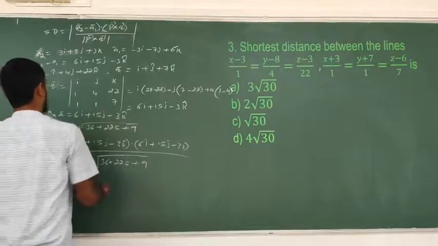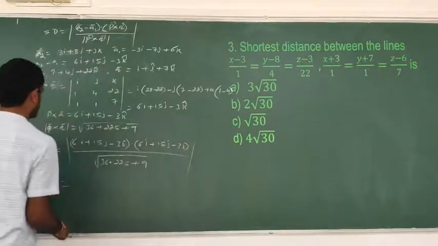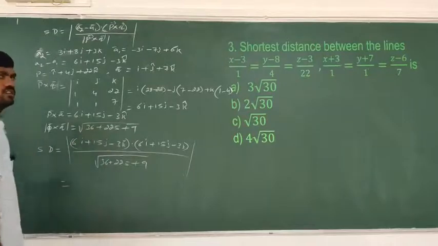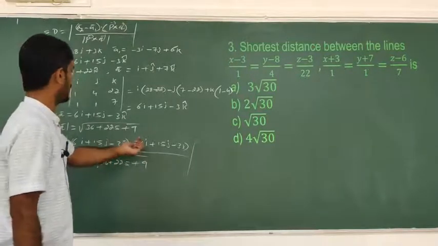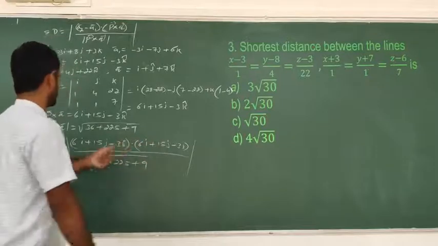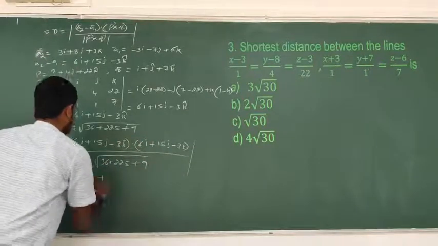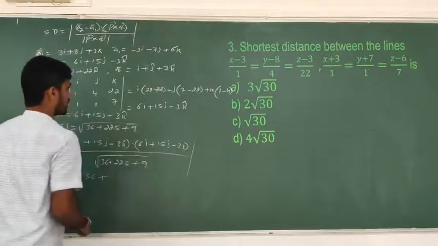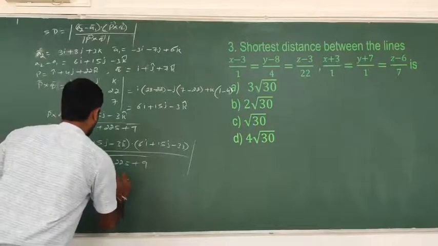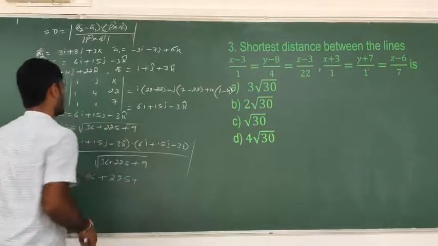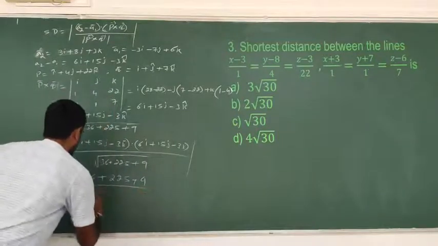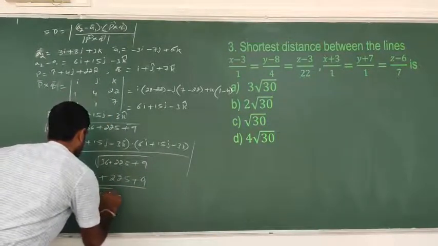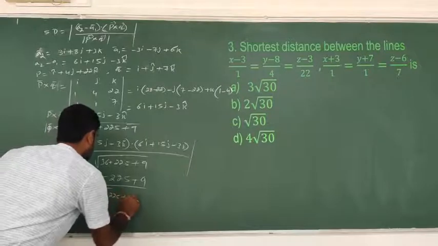Dot product means we find the sum of the products of corresponding coefficients of i, j, k. So that is 36 plus 225 plus 9, divided by the square root of 36 plus 225 plus 9.